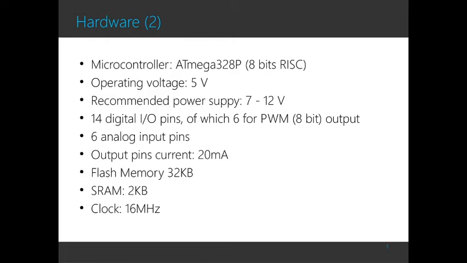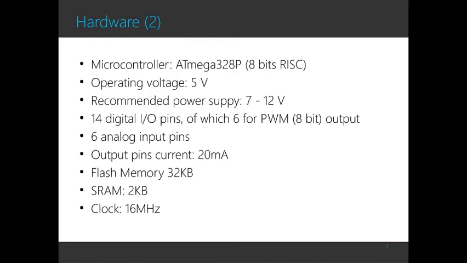is suitable enough to light a LED diode, but it's not for other applications. So pay attention, because if you want to connect devices that require more power, you should use other solutions, not direct connection. We have an integrated flash memory of 32 kilobytes, which is pretty small, but for some application it's enough.